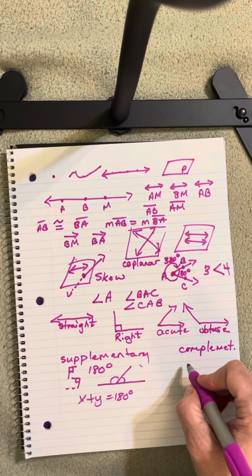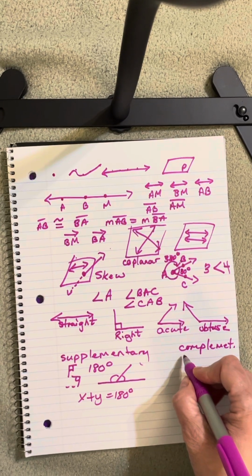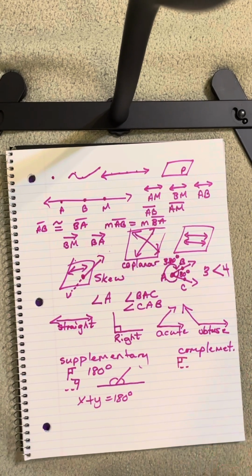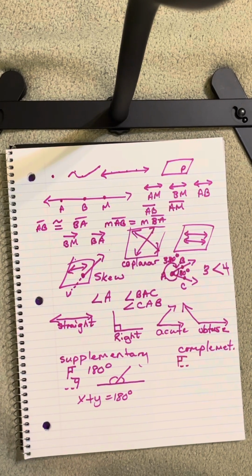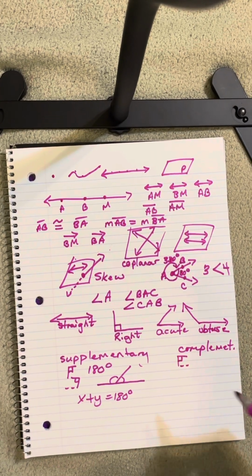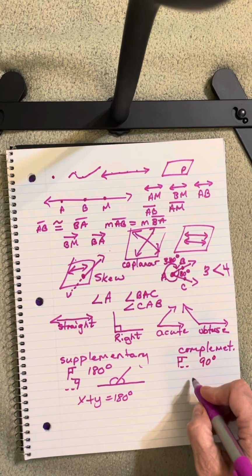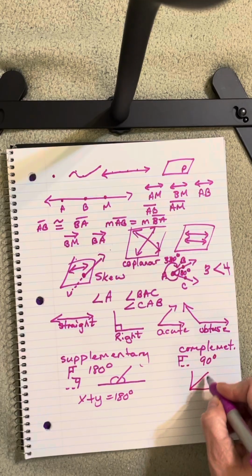Complementary works the same way. If I take the 90-degree symbol and add a little tab at the bottom, I formed a C for complementary. And since that is a right symbol, 90 degrees, it means that two angles are forming 90 degrees.